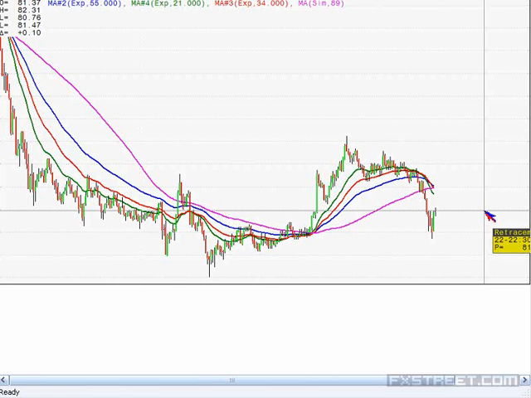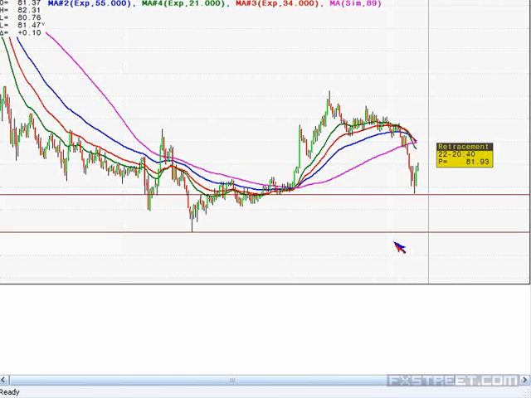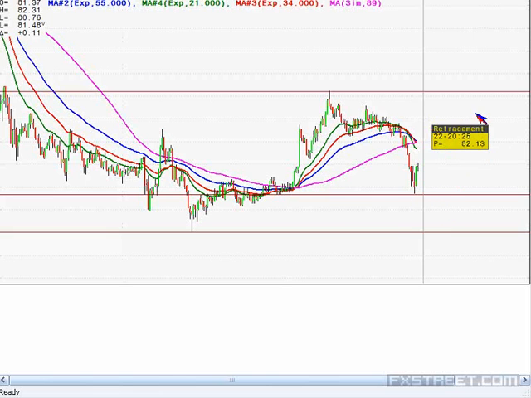Again, at this moment, even if you want, you can look to long at this moment with 80.75, and if you're intraday or you are a scalper, then these are the two levels where we would be looking to stop. But I will be paying very careful attention to see whether the price breaks above this.